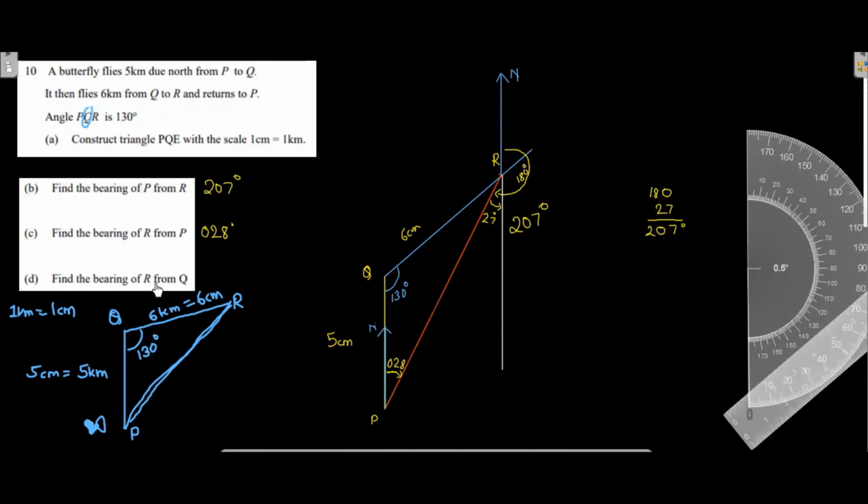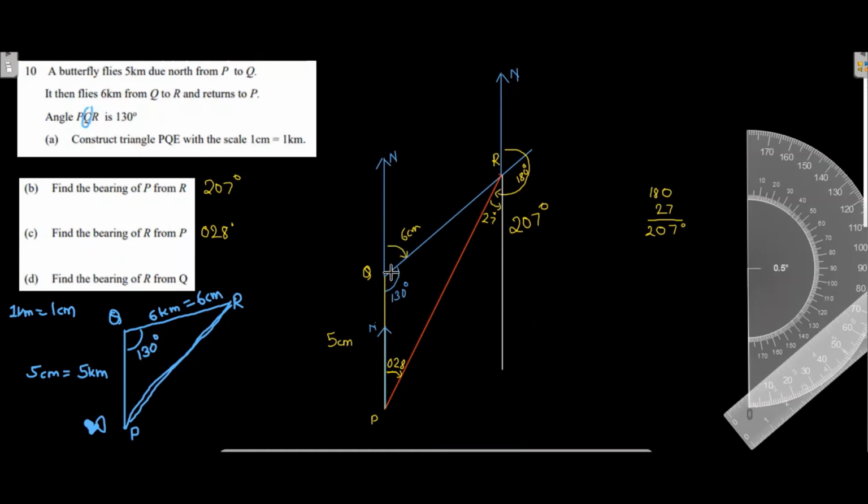Next, find the bearing of R from Q. From Q means the north line should be on the line Q, so I will draw the north line on Q. Q point is here. From the north line, you go to the right side in a clockwise direction till you get the line R, that is this blue line.